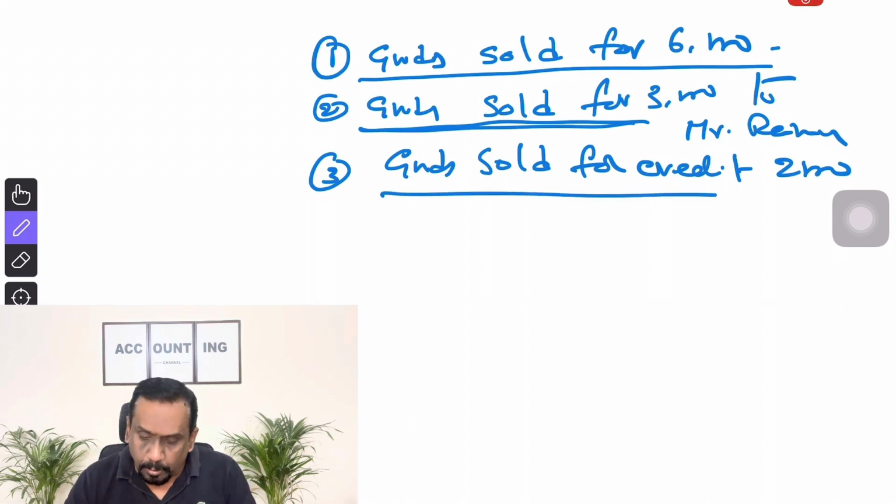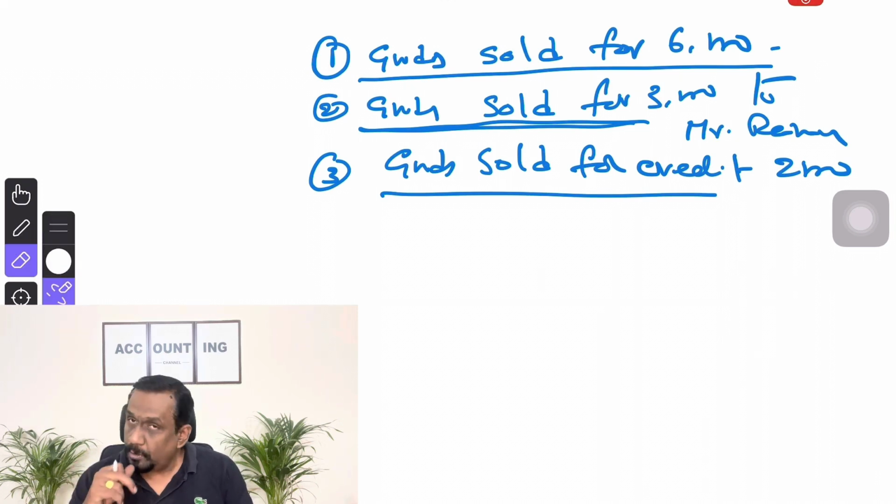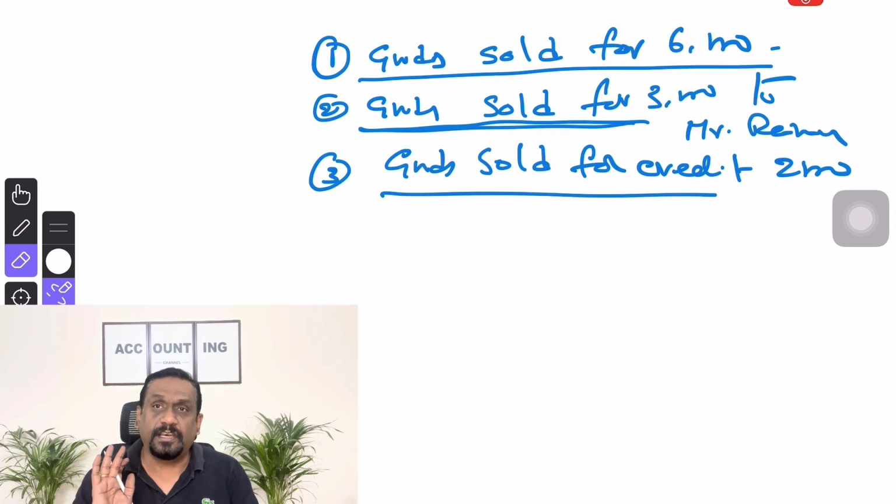Clear? Third one, goods sold for credit. Did they mention cash? No. Did they give the name? No. But they mentioned very clearly goods sold for credit. So it is very clear it is a credit transaction. So let us understand how to post these 3 journal entries now.